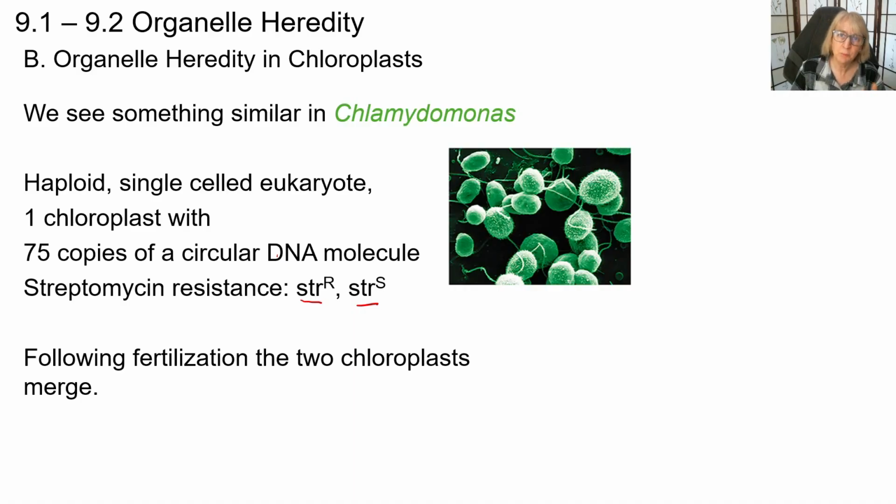When we go through the process of fertilization and I put my MT negative and my MT positive together, and we produce that diploid positive negative individual, after that moment, the chloroplasts from these two original individuals also merge.